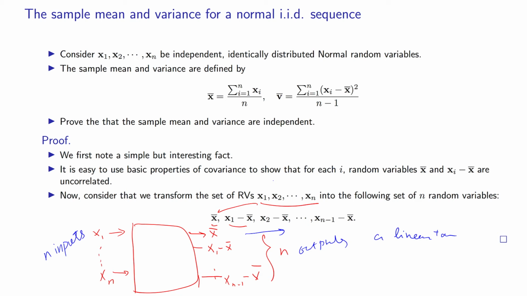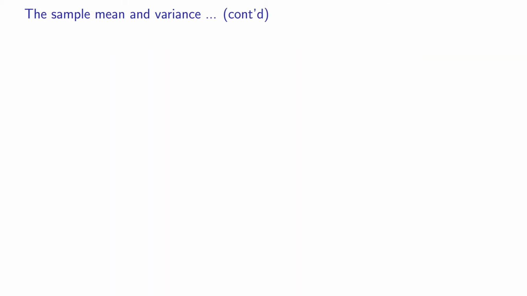So I could easily see that the deviations from the sample mean are uncorrelated with the sample mean, and they are uncorrelated with each other. So this new transformed vector is normally distributed. This new vector of the deviations and the sample mean have a joint normal distribution.